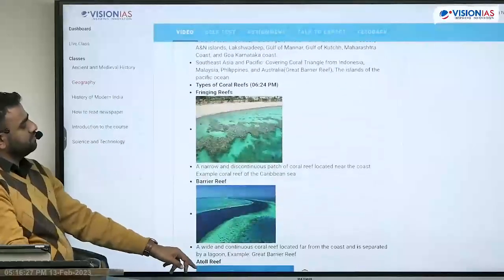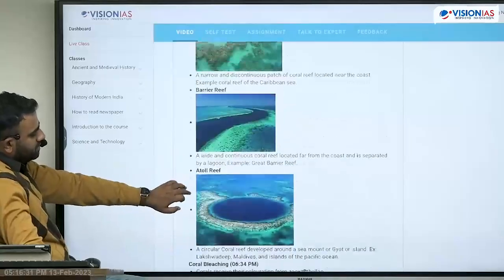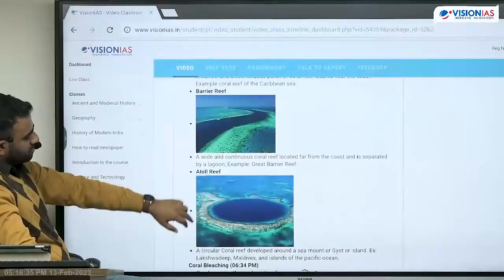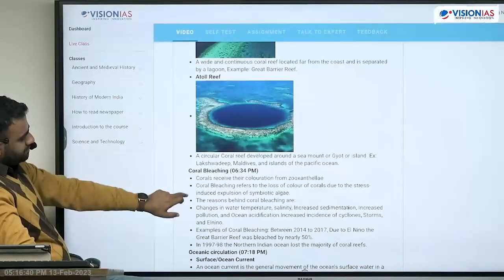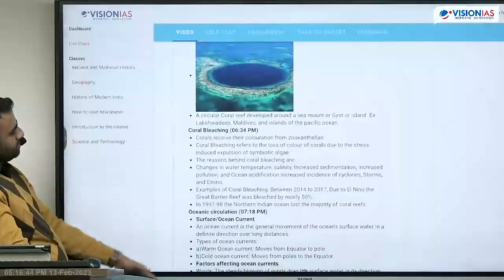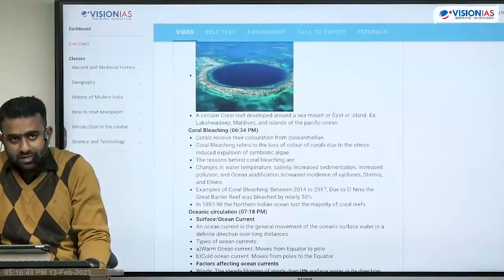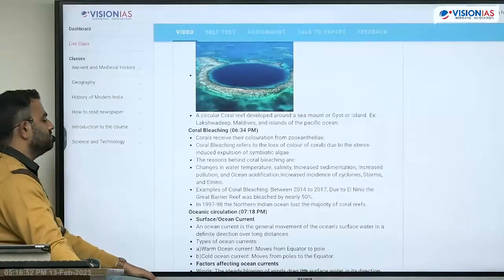Then types of reefs: fringing reef near to the coast; barrier reef, a thick, wide barrier slightly away from the continental coast with a lagoon; and atoll, a circular coral reef, right? So these are the different types. And then coral bleaching is a phenomenon where the corals start to lose their coloration due to the expulsion of the algae, zooxanthellae.